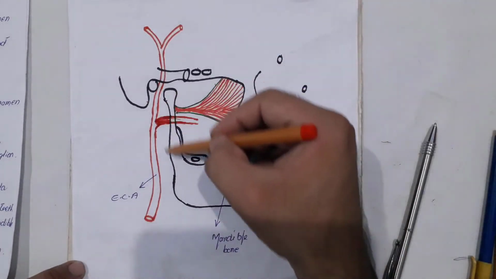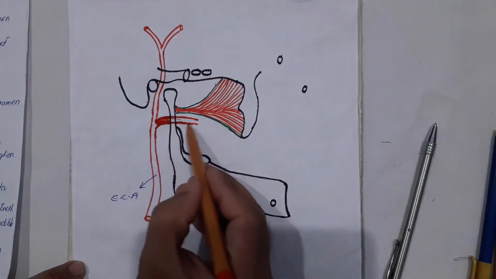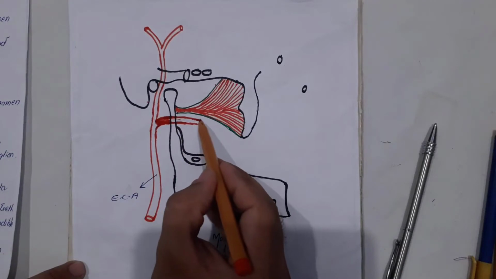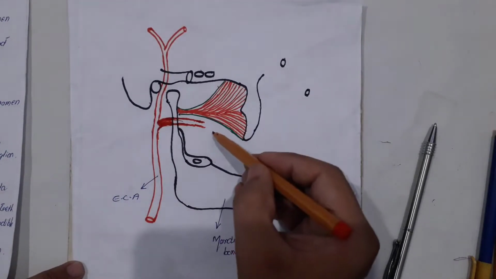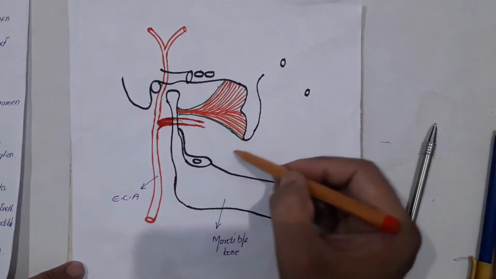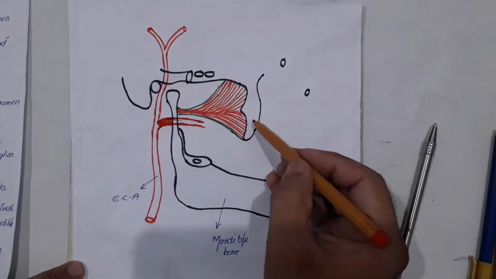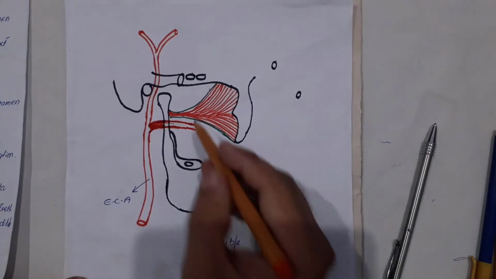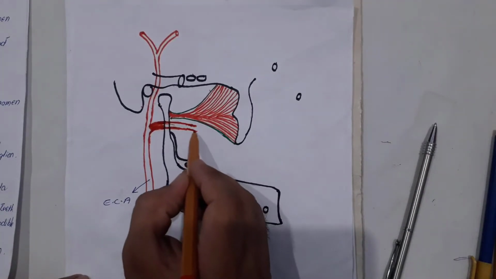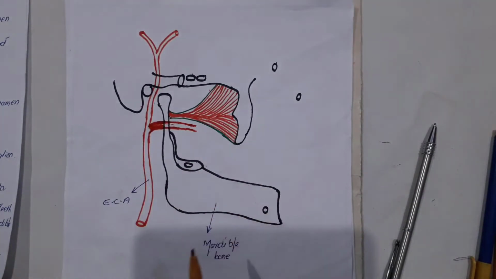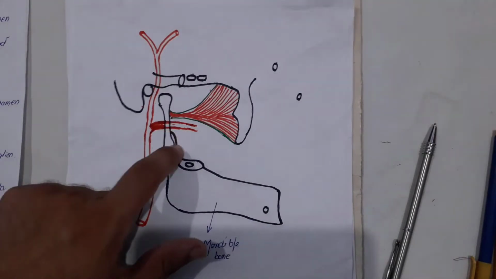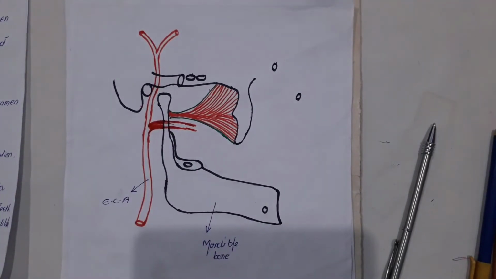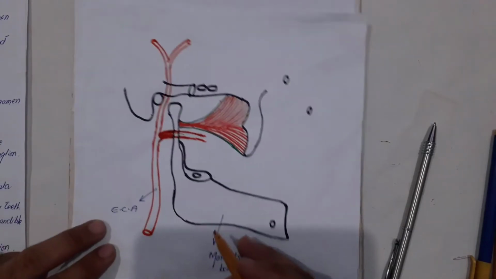This part of this artery is its mandibular part, and when it goes forward, then it becomes the pterygoid part, and when it further goes forward, then it becomes the pterygopalatine part, right? So first of all, we should learn the branches which are present in the mandibular part. Clear, friends?